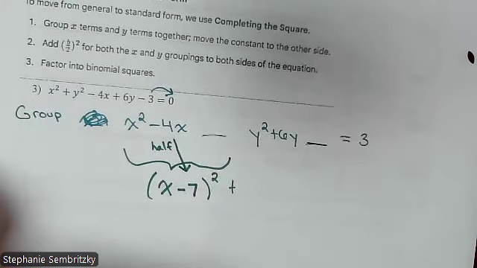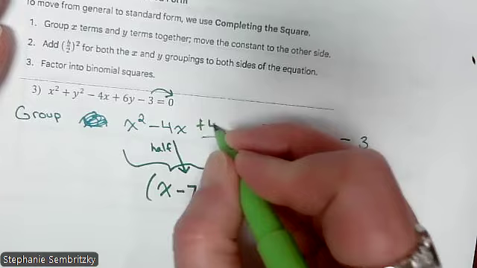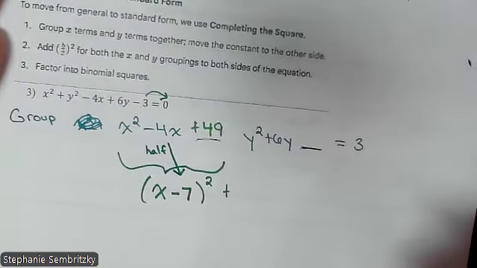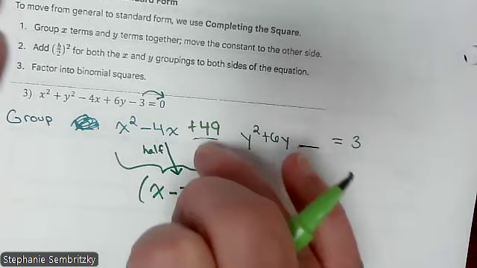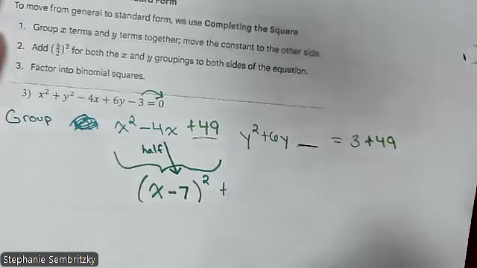But now I need to still know what I'm missing there. So what I'm missing there is what makes the perfect square. So that would be negative 7 times itself. Negative 7 times negative 7 is 49. I am missing a positive 49. But I just added that to one side of the equation, so I'm going to add it to the other as well.